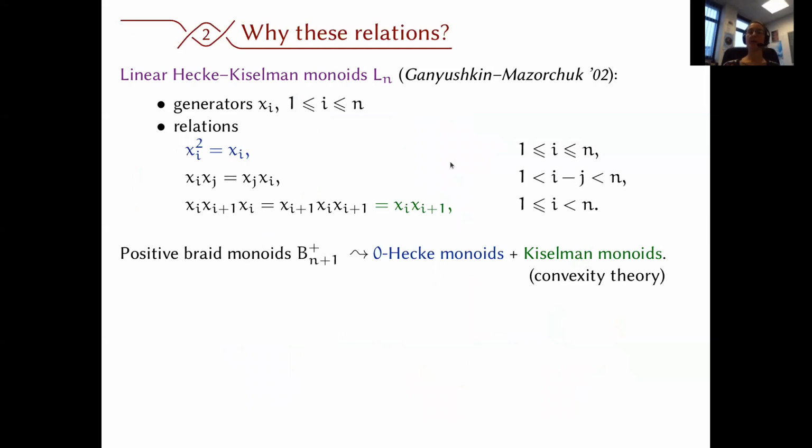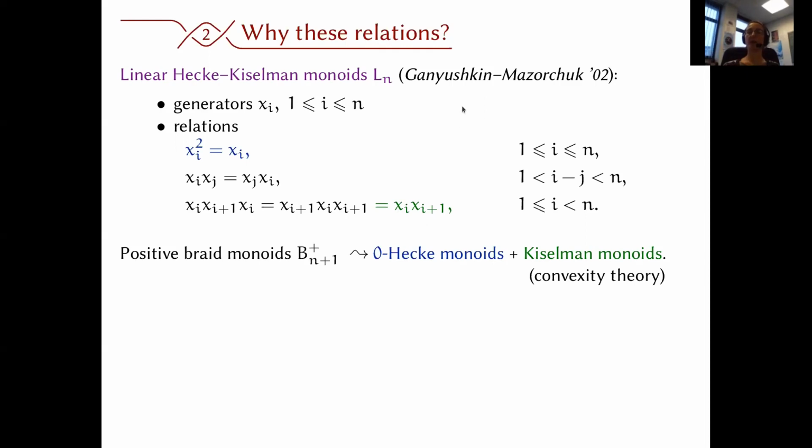And now the last part of the defining relations remaining is the green one, and this comes from the work of Kiselman on convexity theory. He regarded the space of certain types of functions where he regarded three operators, and he was able to establish all the relations between these operators, and these were precisely these 3 types of relations.